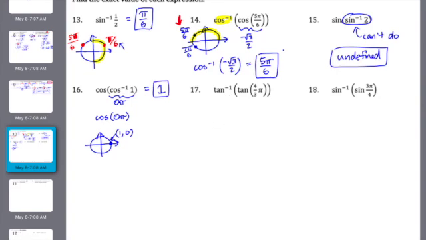Okay, number 17. We're going to start with figuring out the tangent of 4 pi thirds. So 4 pi thirds is the point -1/2 comma negative root 3 over 2. So we're going to divide that y value by the x value.